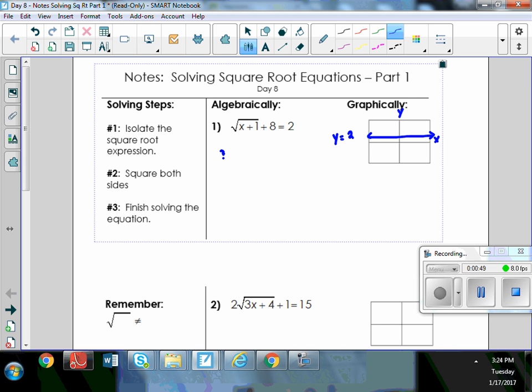Okay, if I'm graphing the left-hand side, I can see the parameter changes in there, right? Underneath the square root sign, +1, that means I go left 1. And then the +8 means I go up 8. So it would look like something here at -1, 8.